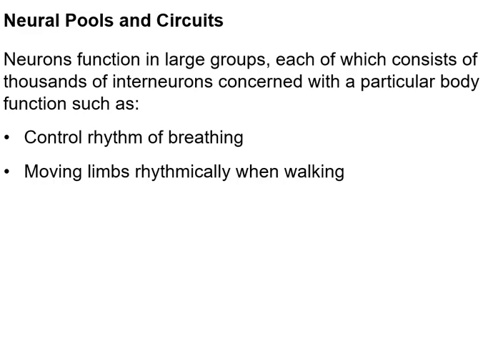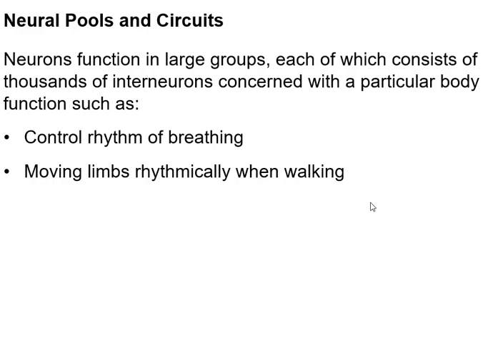We've looked at individual neurons and what they stimulate, but be aware that usually neurons don't work independently of each other. They usually work in large groups. So when you think about controlling your breathing, think of all the nerves that are necessary, all the muscles that are involved in just breathing. And then when you walk, think of all the muscles that you have to talk to, that you have to innervate.